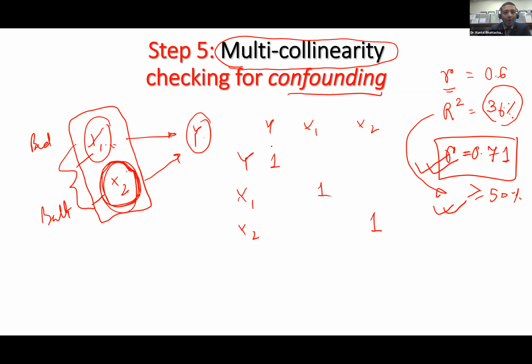So Y to Y is 1, X1 to X1 is 1, X2 to X2 is 1. Now, the fun part begins here. When you talk about the correlation between Y and each of these X's, let's say this value is 0.7, this value is 0.8.